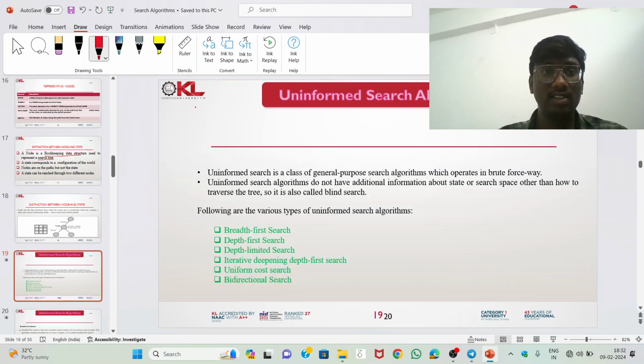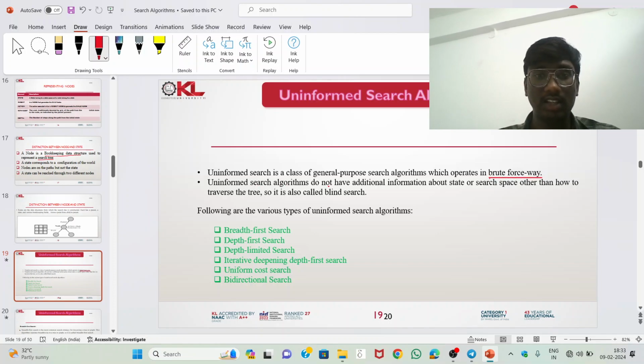Let us discuss the uninformed search algorithm. Uninformed search is a class of general purpose search algorithms which operates in a brute force way. Brute force means step by step. Uninformed search algorithms do not have additional information, so they are called blind search algorithms.